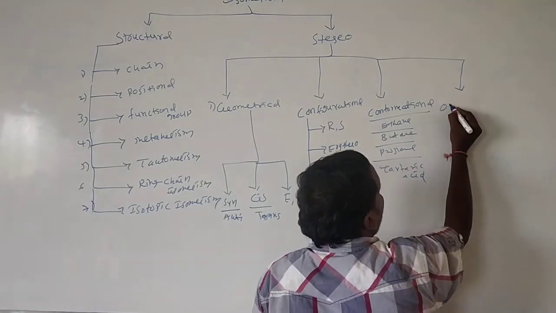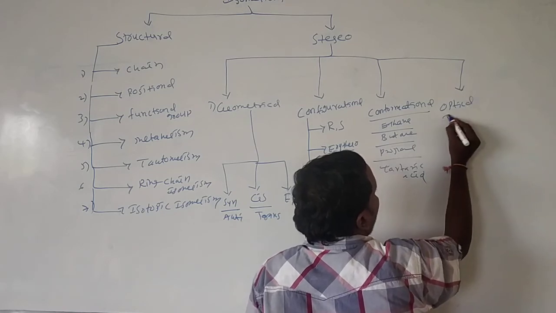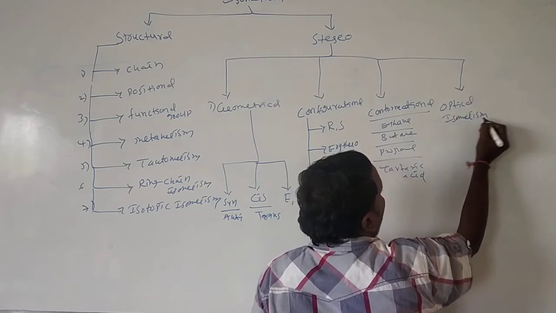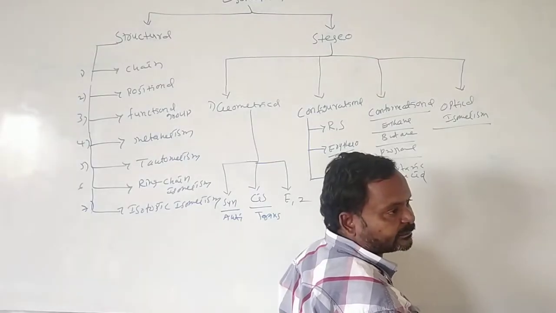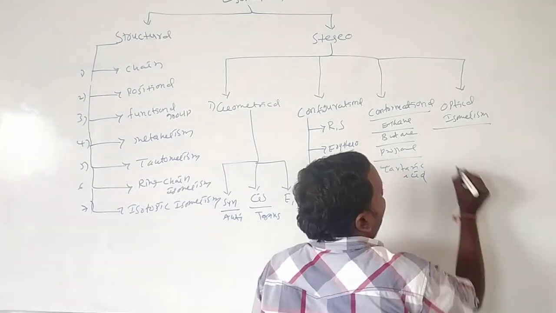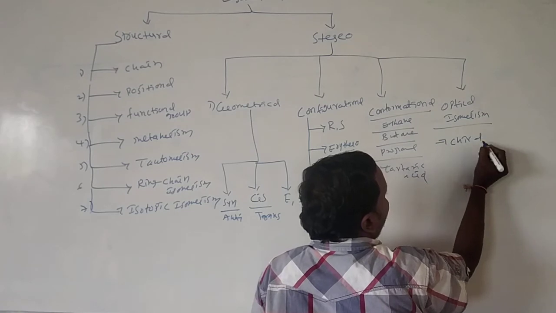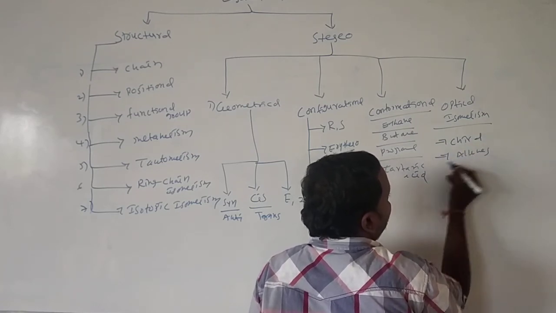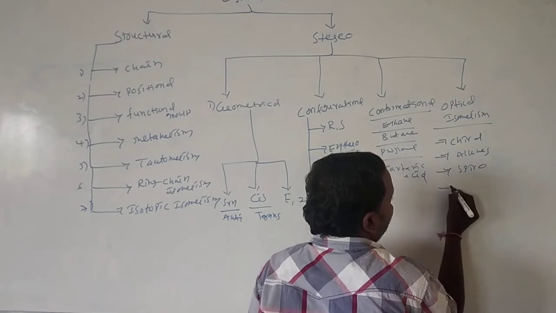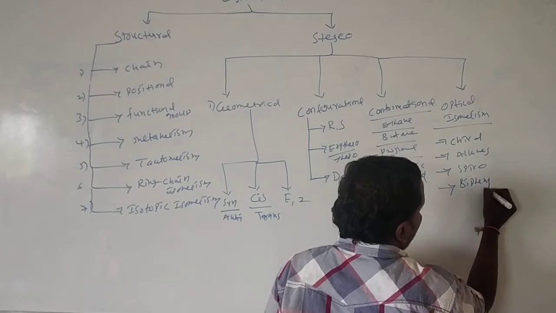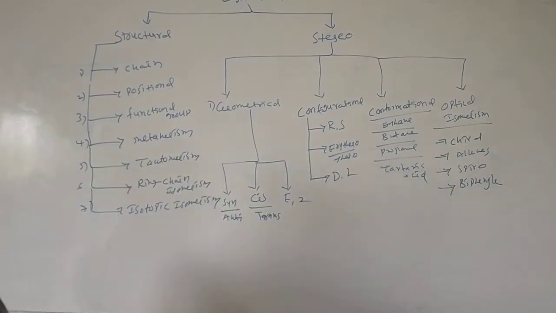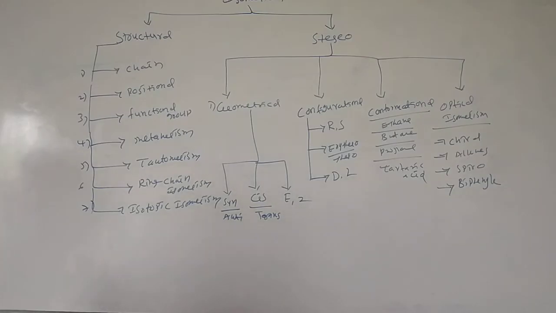Then I also explained optical isomerism: optical isomerism of tartaric acid, what is the polarimeter experiment, what is optical isomerism, optical isomerism of chiral molecules, of allenes, of spiro molecules, of biphenyls. I explained all these topics. One of the important fundamentals in organic chemistry, isomerism. This is about isomerism finished.